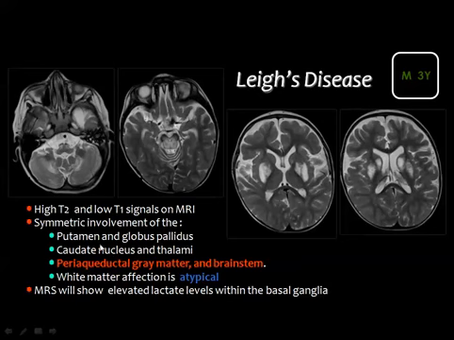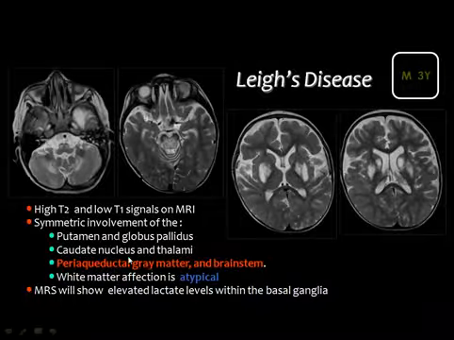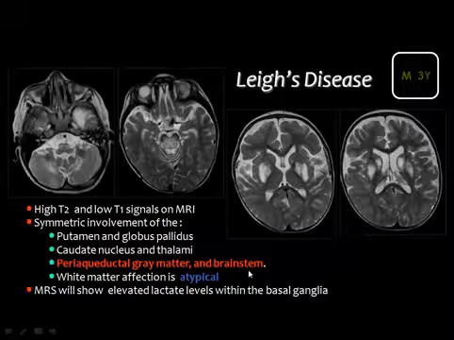the putamen and the globus pallidus, the basal ganglia, the caudate and the thalami, and the periaqueductal gray matter and the brainstem. If you remember, we have discussed a disease in the second part of this talk, which is Wernicke encephalopathy, which also affects the periaqueductal gray matter and the brainstem together with affection of the mammillary bodies.